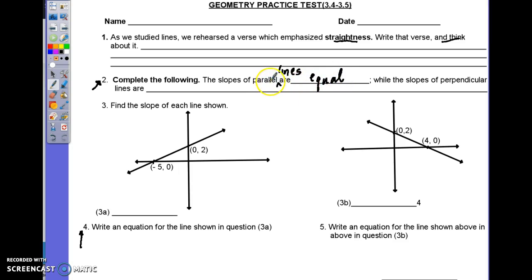Say that with me: the slope of parallel lines are equal or the same, while the slopes of perpendicular lines are the negative reciprocal of each other.